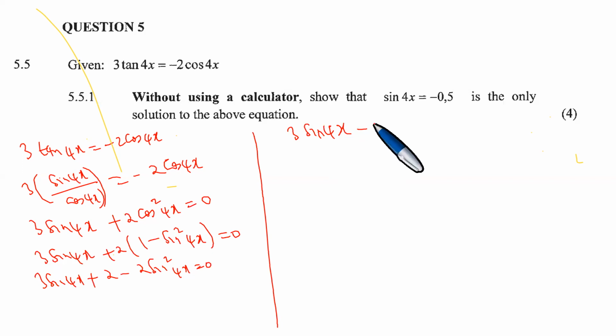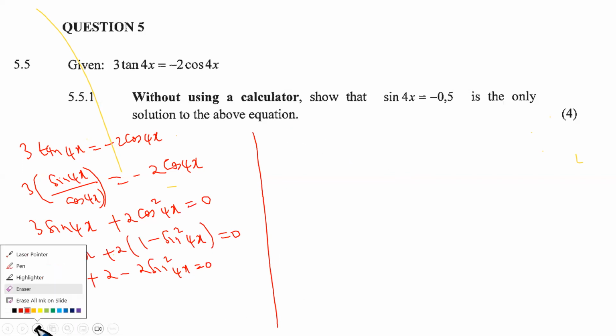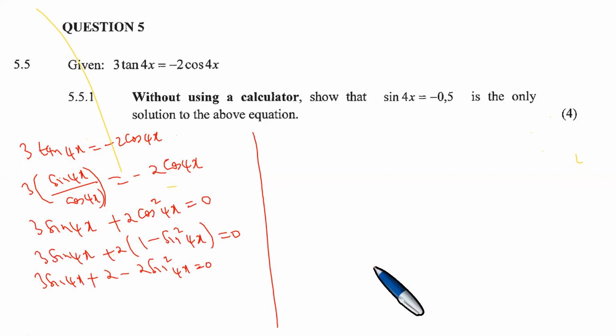Right, let me just write it in descending powers of sine 4x. So from this you have minus 2 the sine squared of 4x, plus 3 the sine of 4x.